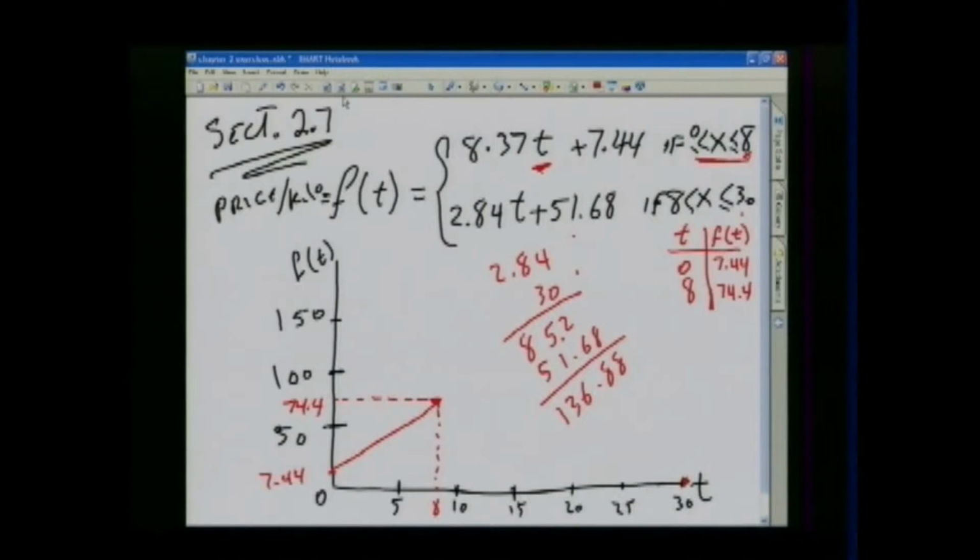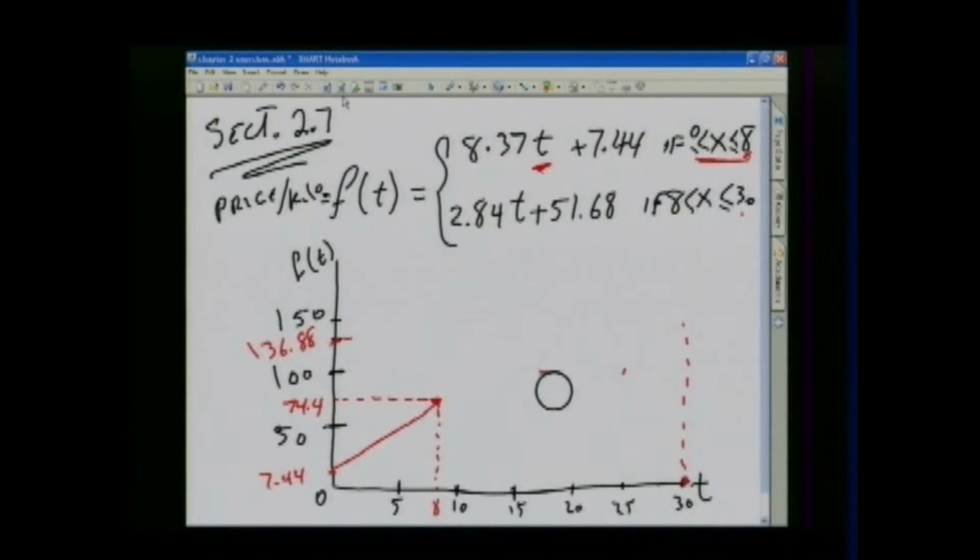So when t is equal to 30, it would be 136.88, and that would be here.